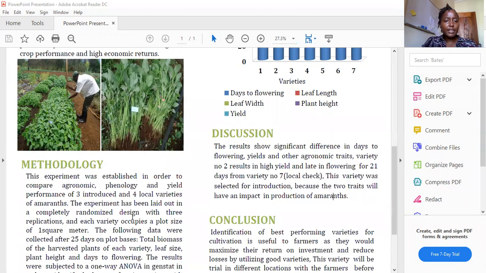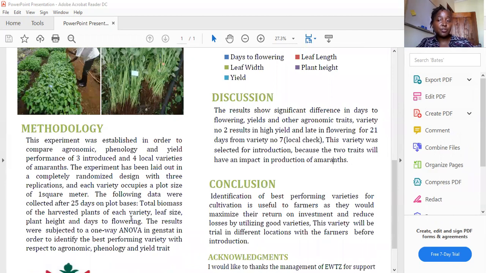So this experiment was conducted in our station, and we included 3 entries from our research activity, but also we had 4 varieties that are commonly available in the market. The method that we used to evaluate this is the broadcasting method, because it's a common practice used by the majority of farmers.